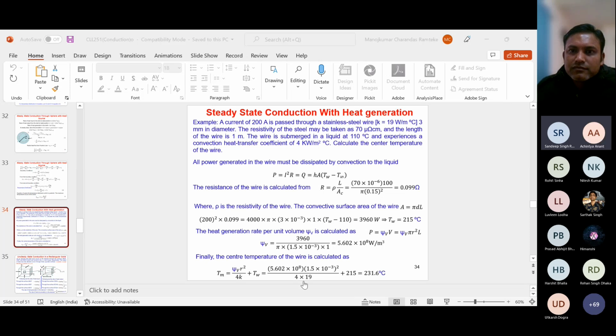Sir, I have one question. At steady state, we look at the condition when the temperature profile has been developed, am I right? Yes. The accumulation term we are ignoring.